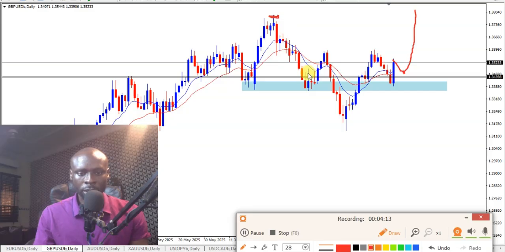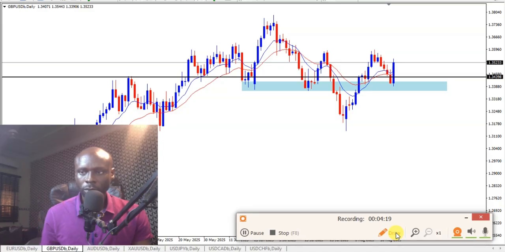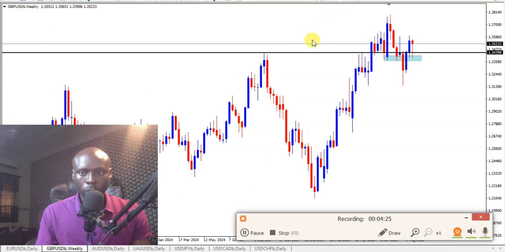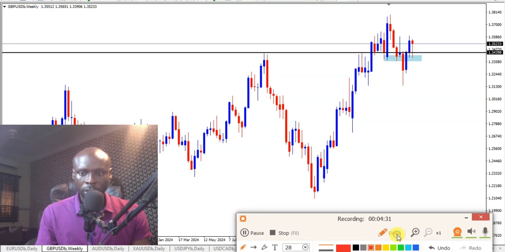So let's look at the weekly chart of the Pound USD. On my weekly chart, we have price reversed from this resistance level, and from this support level.